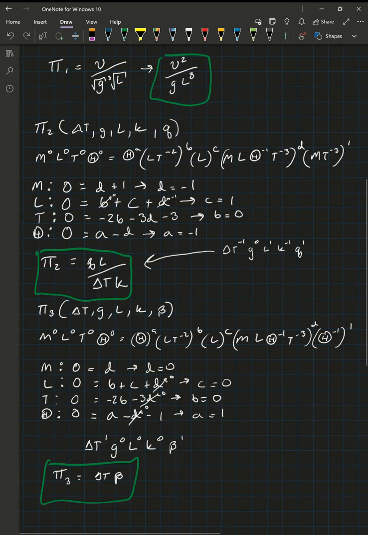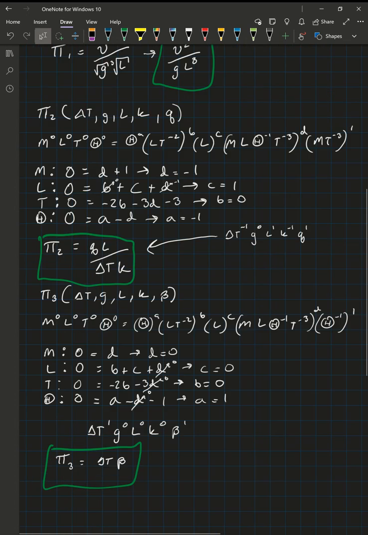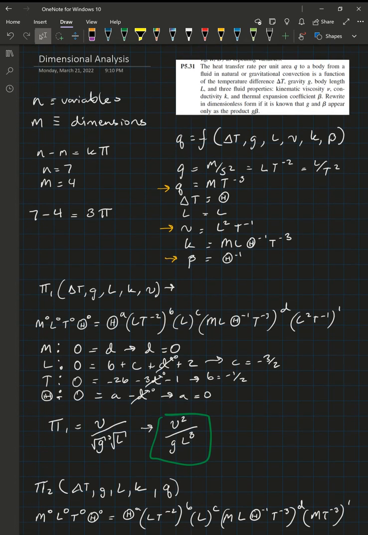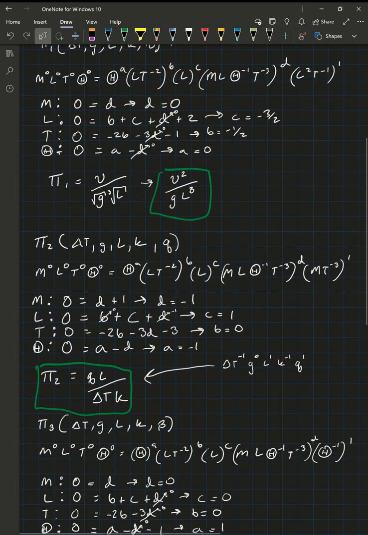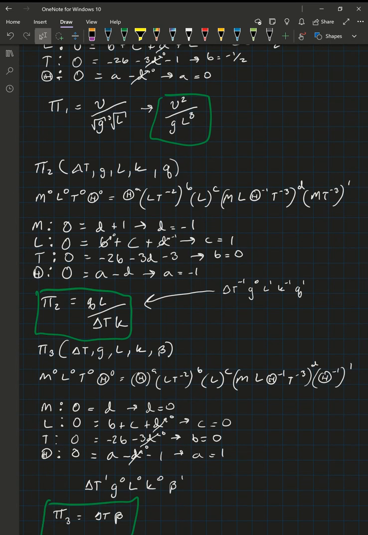Okay, so now that we have all the pi groups, we basically successfully completed this problem. But there was one more thing that the problem asked to do, which was to rewrite in dimensionless form if it is known that G and beta appear only as the product G times beta. So in order to do this, we see that pi group 1 has G in it.